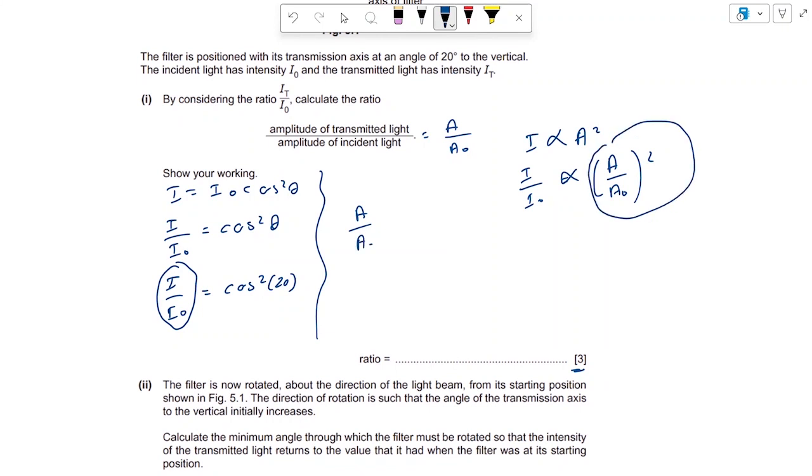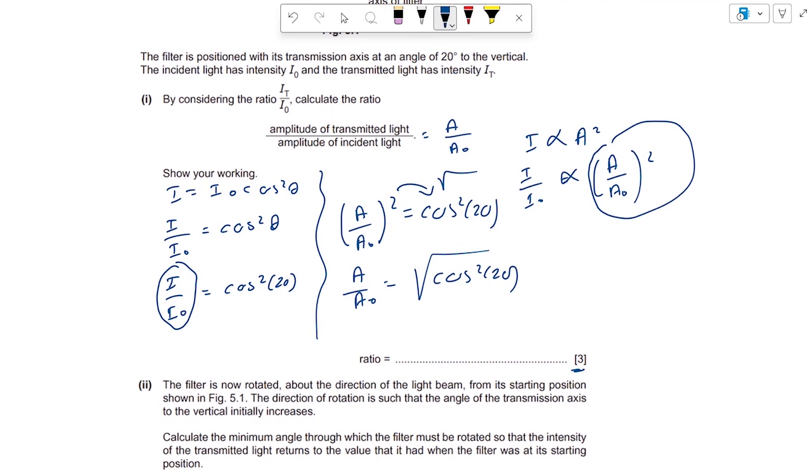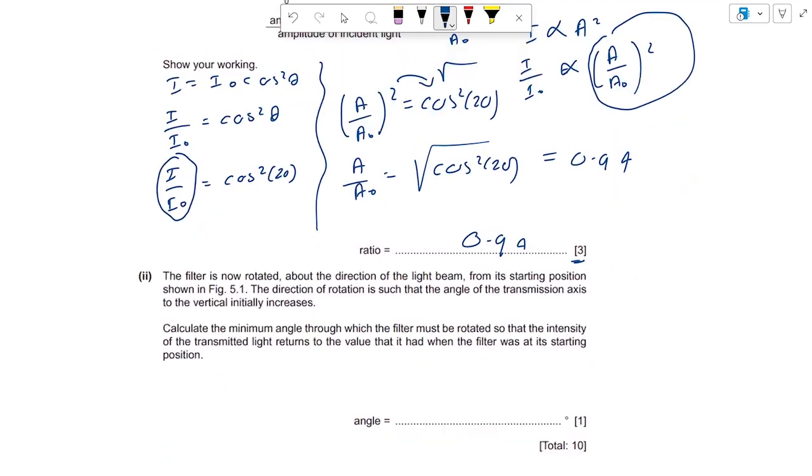So A over A naught squared equals cos squared 20. And now we send the square to this side, which will be square root cos 20. That should be giving us 0.94. Done.